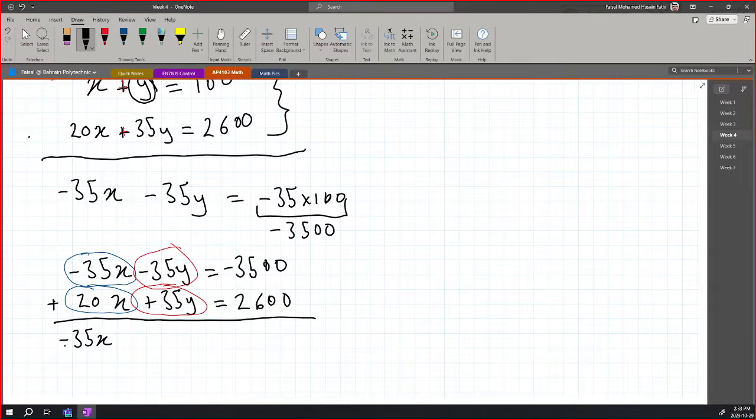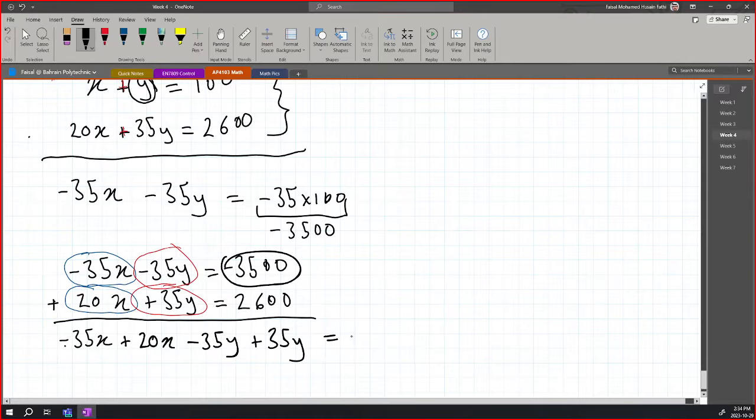So minus 35x, then plus 20x. Obviously the x's don't cancel because we are trying to cancel the y. Then we write minus 35y plus 35y is equal to, in order, minus 3500 plus 2600. The minus 35y and 35y equal 0, and they cancel out each other.